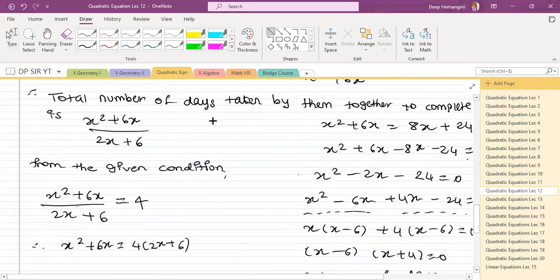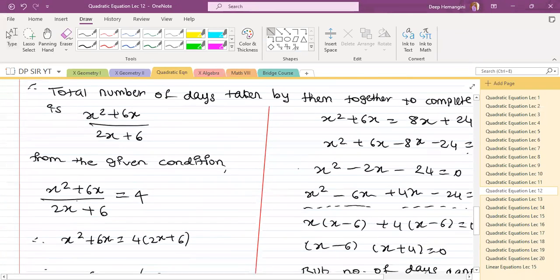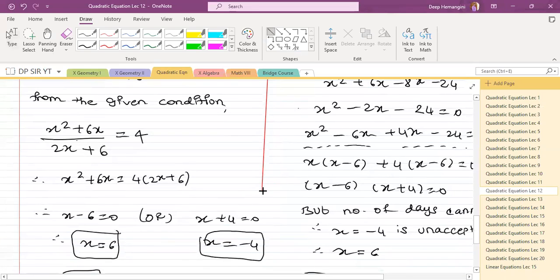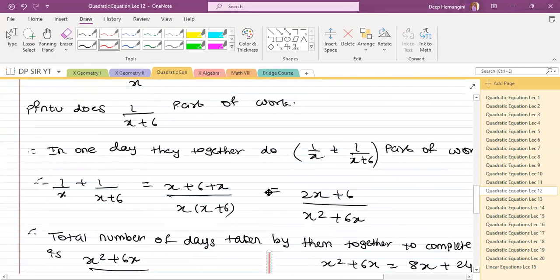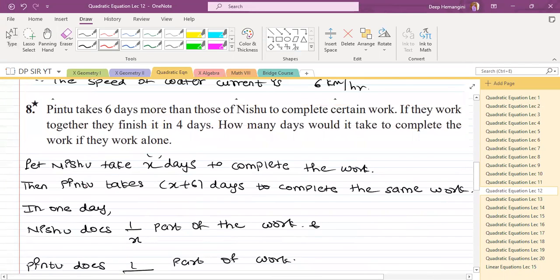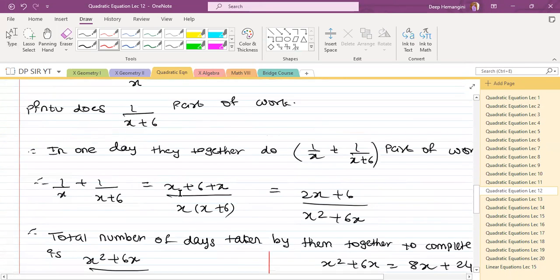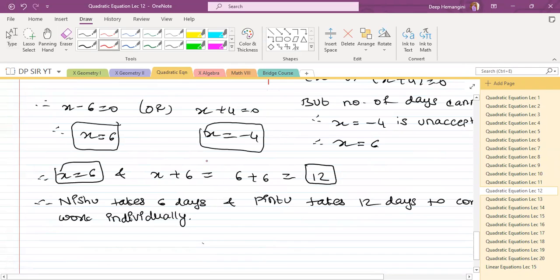After that, we took the final value of x as 6, and we had also assumed for Pintu he does x plus 6. Don't forget this x plus 6. So this part is of Pintu and this part is of Nishu.